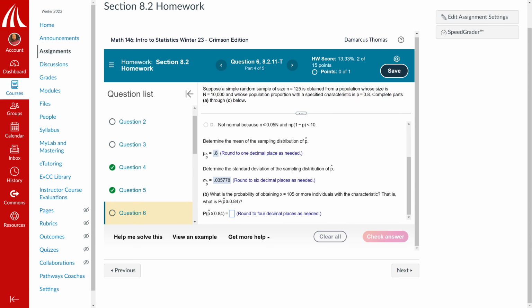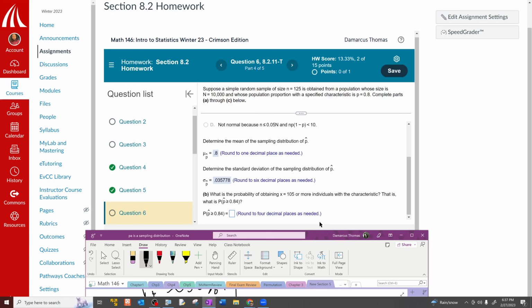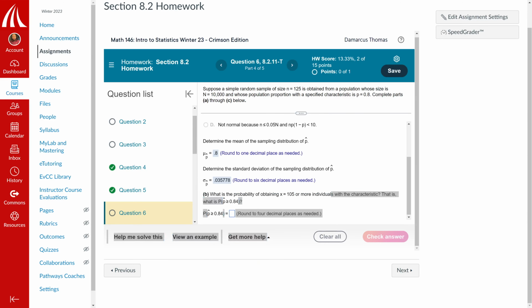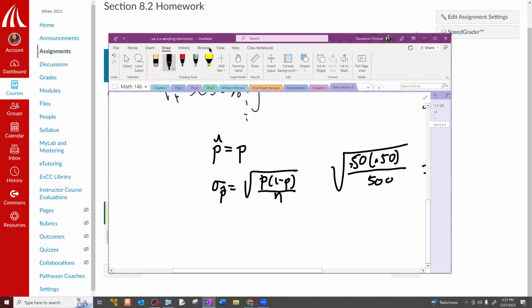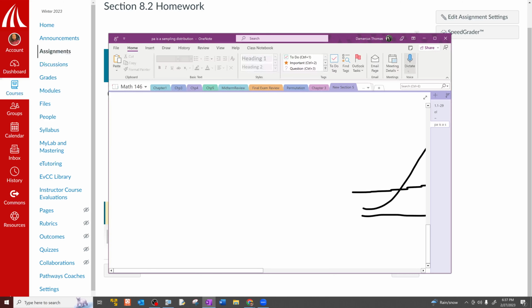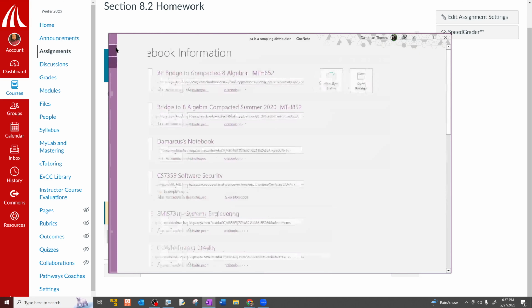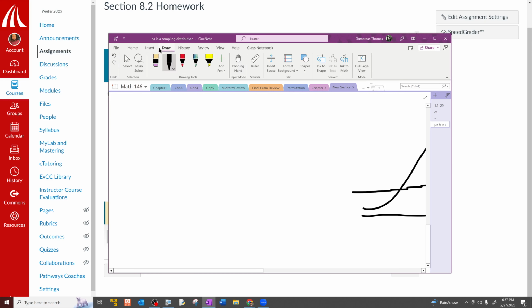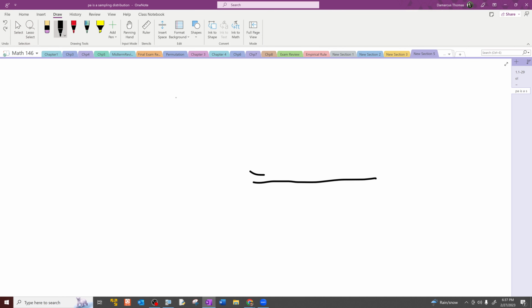So graphically, it's a good question, it would look like this. 0.84 would be in the middle.